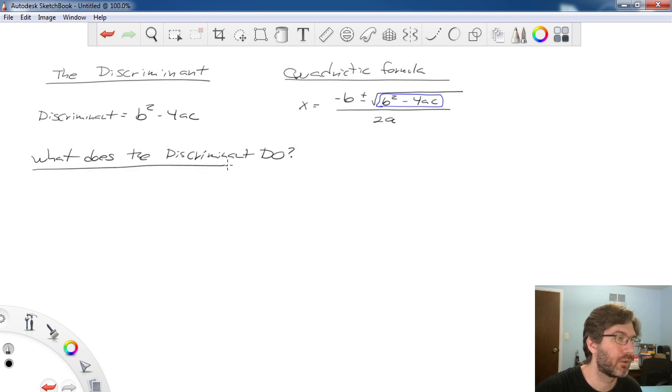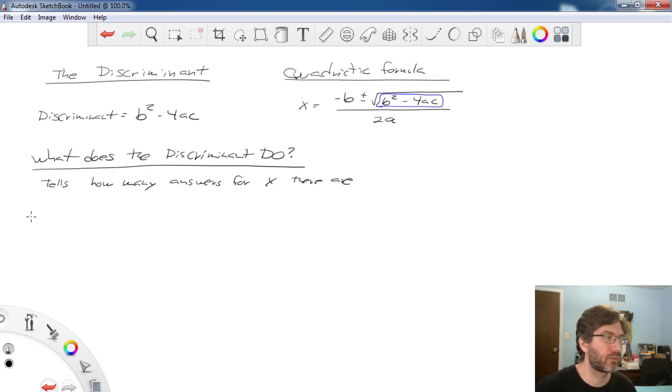Well, all the discriminant does is it tells you how many answers for x there are. Because if you recall in quadratics, your answers are wherever your parabola crosses your x-axis.